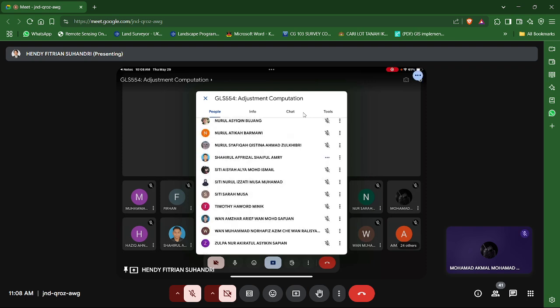Lama lah ni. Muhammad Nur Hafiz. Mana Muhammad Nur Hafiz? Syahirul, matikan mikrofon. Kau tak jawab. Okay. Muhammad Nur Hafiz. Apa dependent? Ya, sir. Apa dependent, apa independent? Mana yang masuk dependent, mana yang masuk independent?